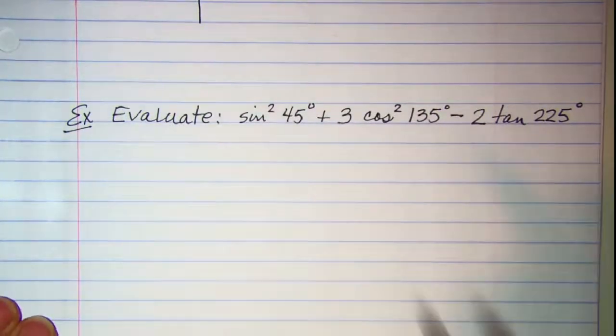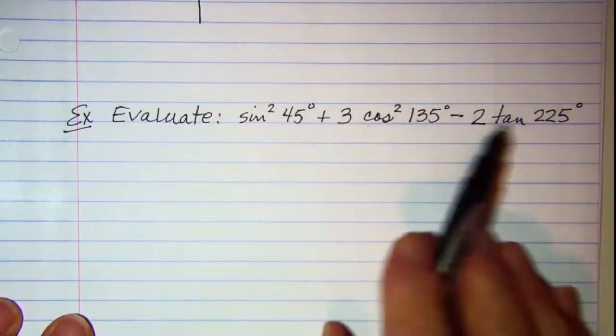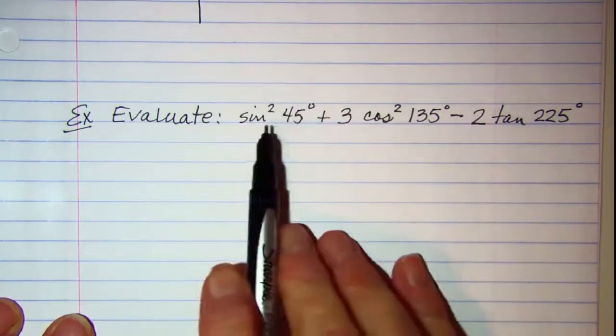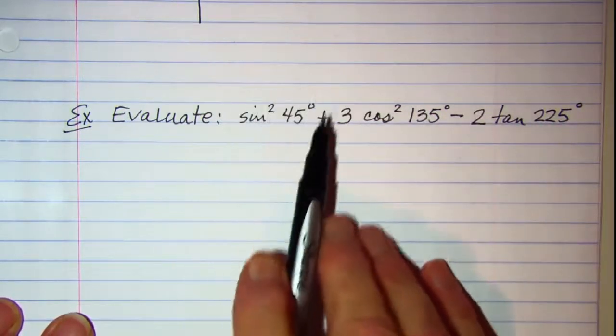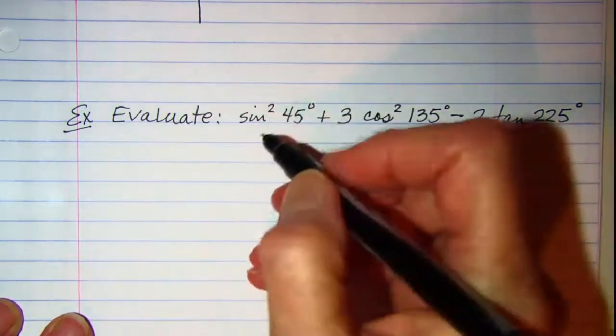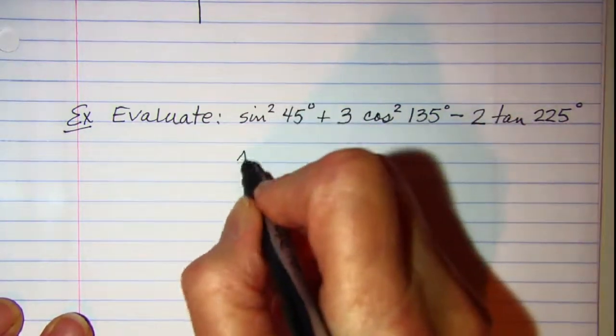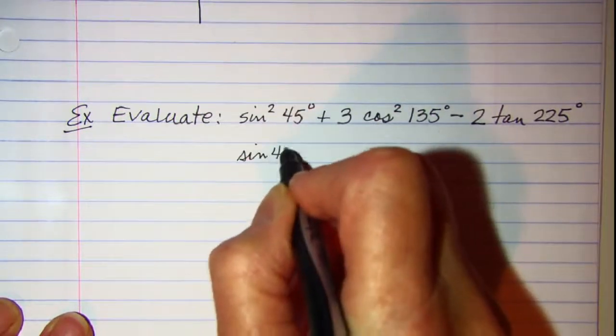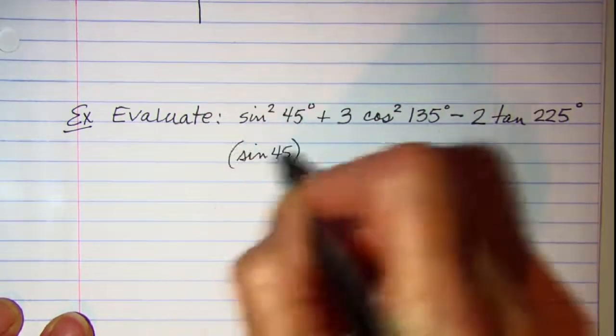In this problem, we're asked to evaluate this expression. Now this first term, sine squared of 45, you may wish to write this as the sine of 45, squared.